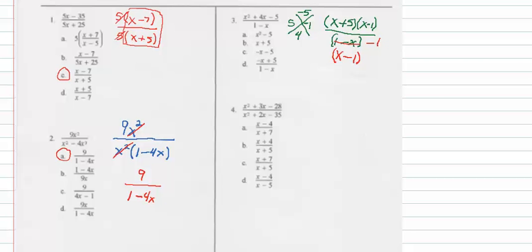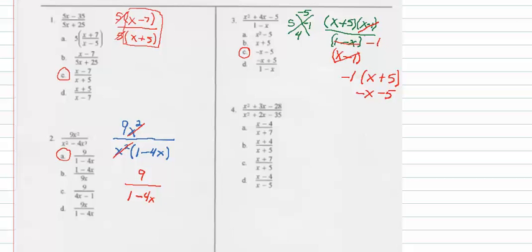I have these two, well, these two cancel, and they will. Okay, so now this is what I have left. I have a negative 1, and I have an x plus 5. You're going to multiply this negative 1 into this quantity. So I have a negative x minus 5. And I look to see if I have that as an answer choice, and I do, and it's letter C.